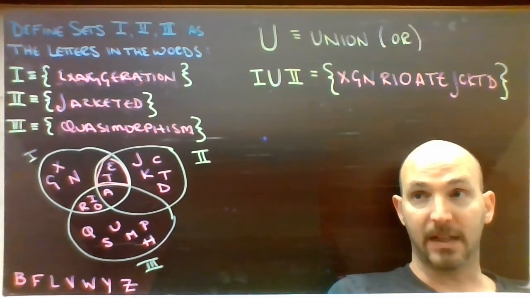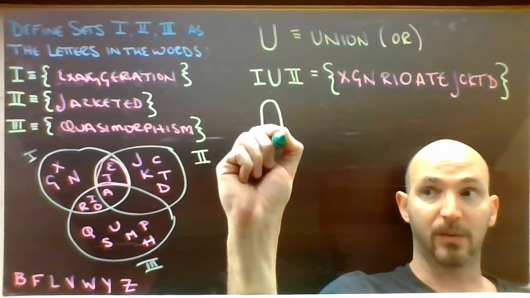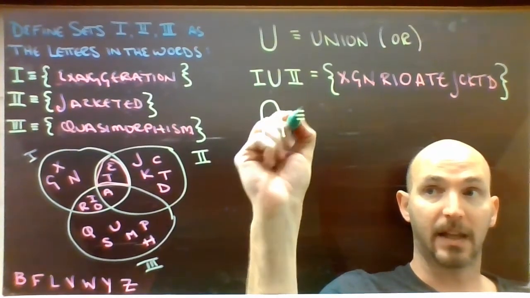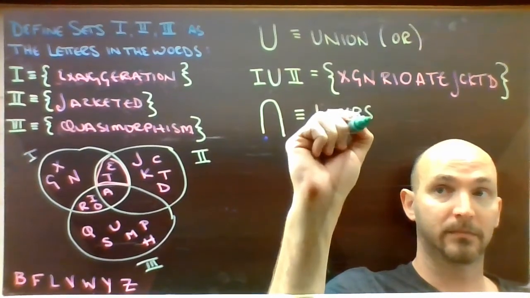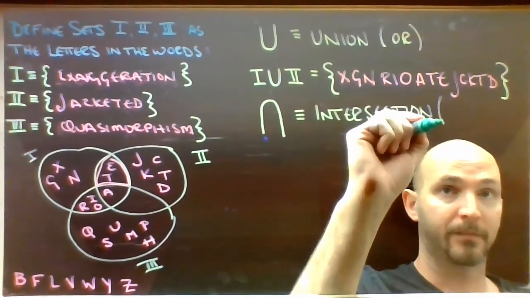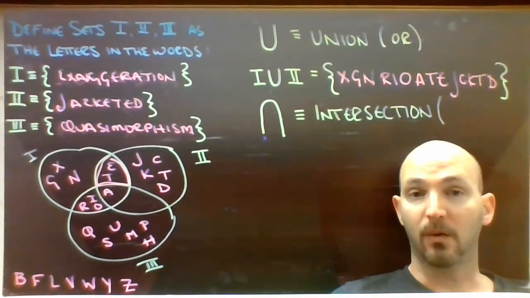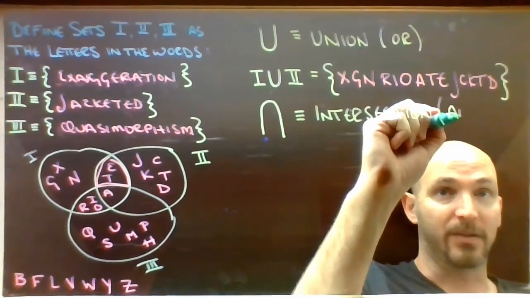The second symbol we need to work with is this one, the upside down U, and that is an intersection. And the way you're going to read that one in plain English is as the word and.